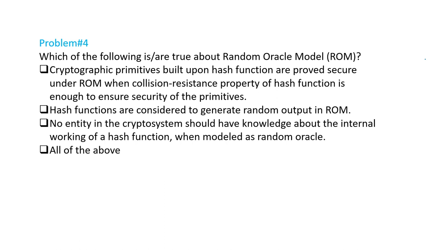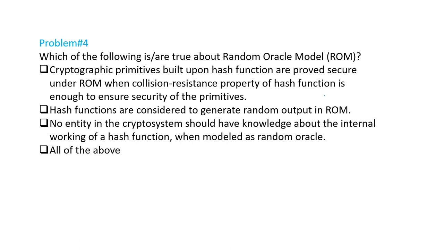So if the statement says that collision resistant property of hash function is enough to ensure security of the primitives, then of course we will not look further to get the security in random oracle model. We look at random oracle model only when it is not enough to ensure security of the crypto primitives with the collision resistance property of hash function. So the first statement is wrong.